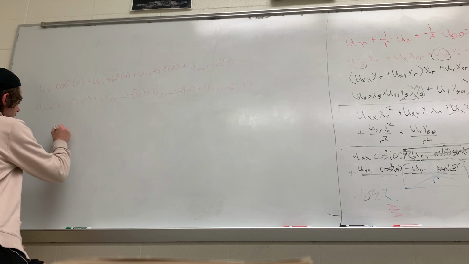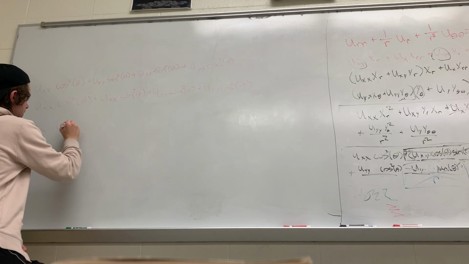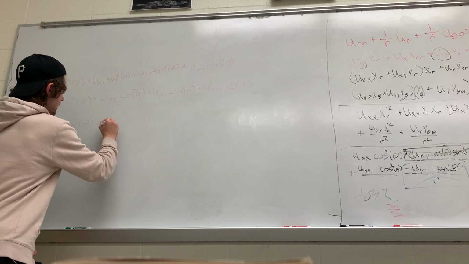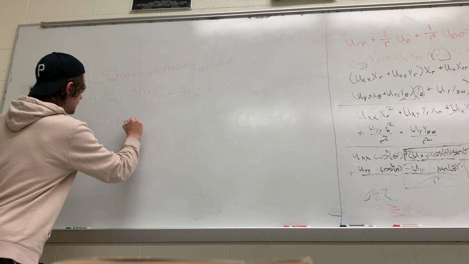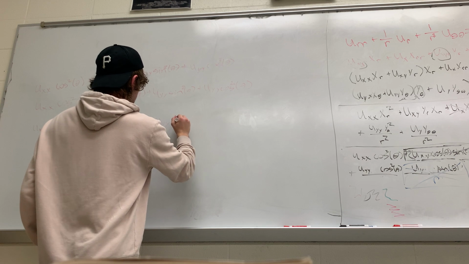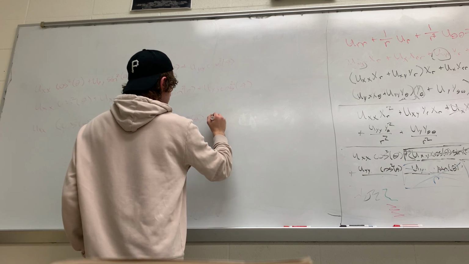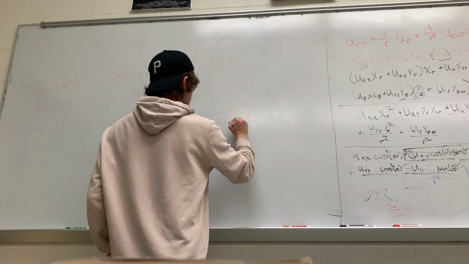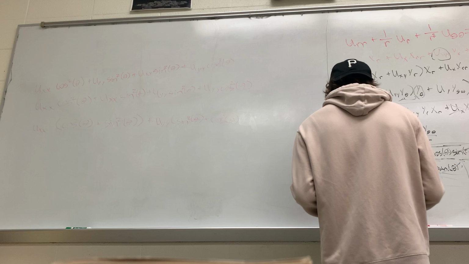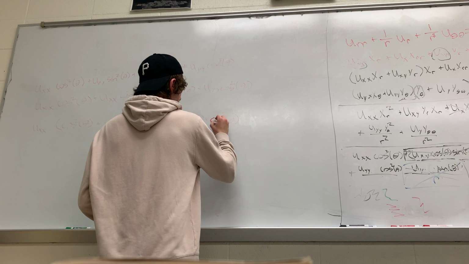Then over here, I can take out, have it so it's uxx times cosine squared of theta plus sine squared of theta plus uyy times sine of theta squared plus cosine of theta squared. Okay. It seems to be working a little bit better.